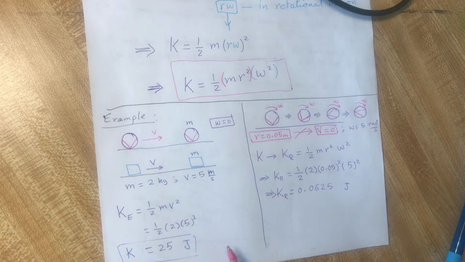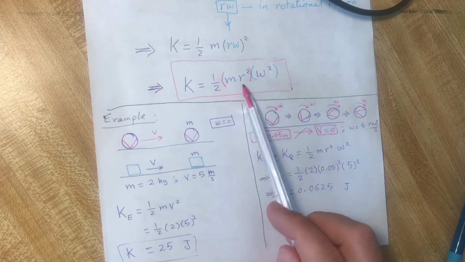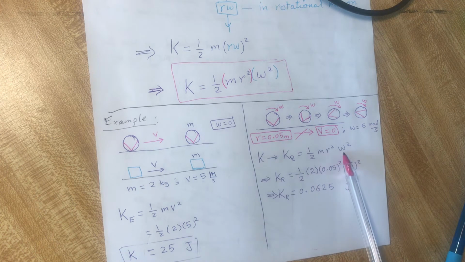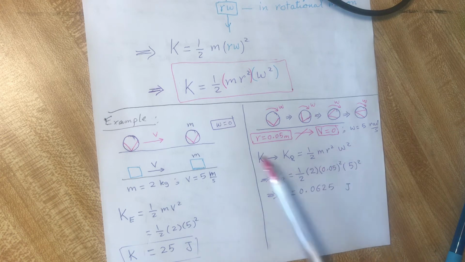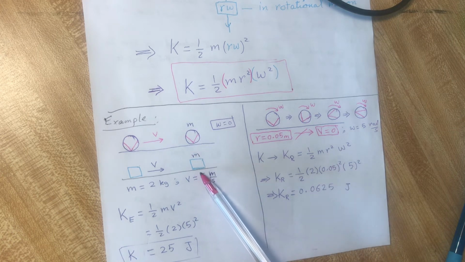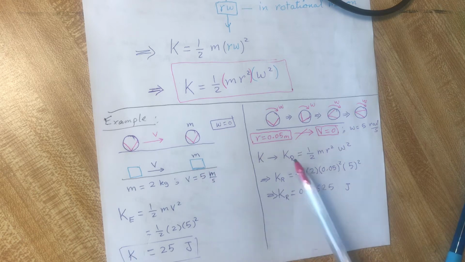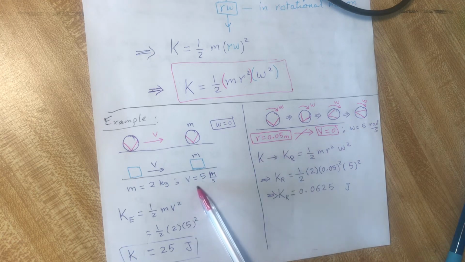Now we need to calculate the rotational kinetic energy KR, which is equal to half, as we see here, m r squared omega squared. Now we need to know the radius. In the first case, for linear kinetic energy, we don't need the radius.